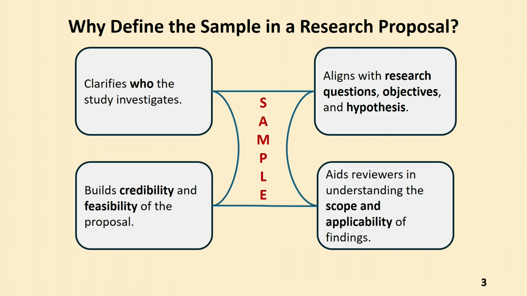What your findings will be, we don't know, but whatever you are writing, that this is my population, this is my sample, and this is my objective of the study, then ultimately you are defining your scope, and reviewers will see the scope and applicability of the findings directly through your sample definition, because over whom you are collecting data is very important. So that is why it is very important and significant to define your sample properly in a research proposal.